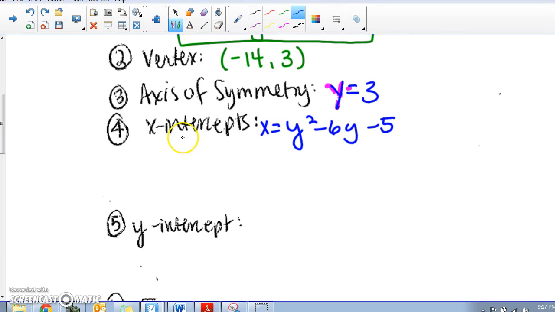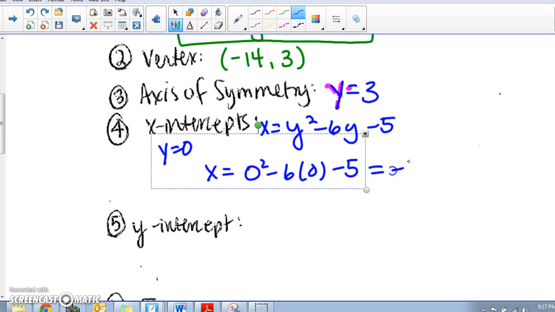Okay, so x-intercept is when y is 0. So when it's facing the other direction, we're going to put 0 squared minus 6 times 0 minus 5. So it looks like it's negative 5 this time. So it'll be negative 5 comma 0.